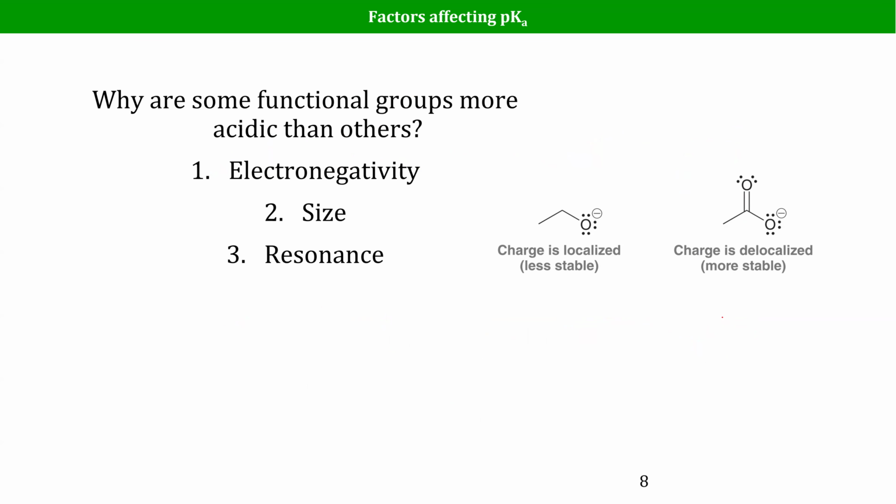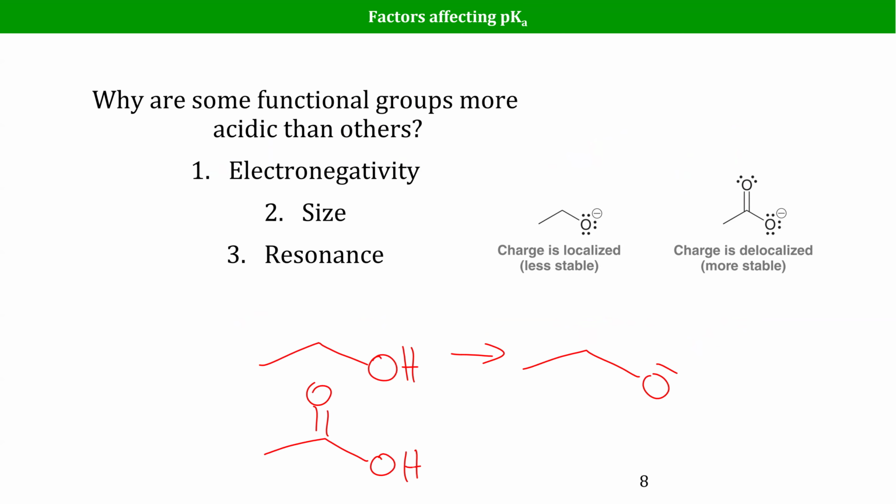So why is acetic acid more acidic than ethanol? They both have an OH group, right? The starting material looks very similar, right? Versus... and they're both putting a negative charge on the oxygen.